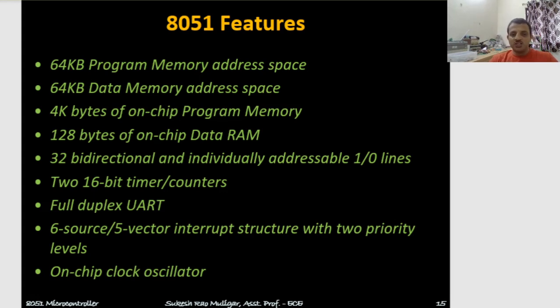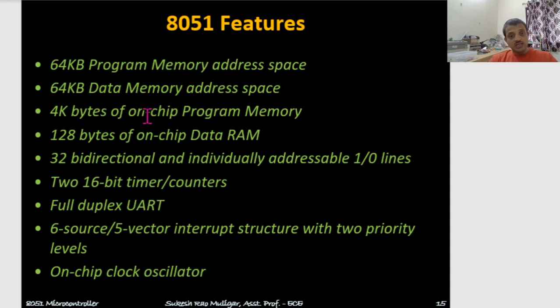So this could be applicable even for the basic Intel 8051 chip. 64 kilobytes of program space, 64 kilobytes of data memory space, and 4 kilobytes of on-chip memory. So with the 64 kilobytes of memory space and 4 kilobytes, you mean to say that I can have a separate 64 kilobytes of memory externally?